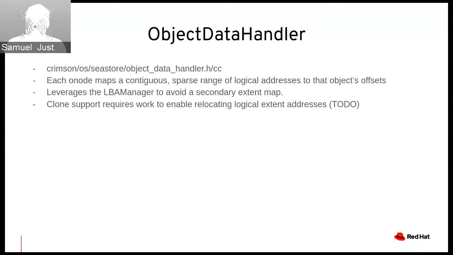The object data handler is the component responsible for actually mapping object data to logical extents. It uses the LBA manager to avoid needing to maintain a secondary extent map. Clone support is still a to-do, and requires the ability to relocate logical extent ranges, which is future work.